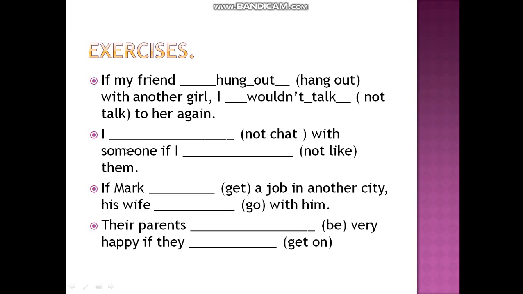So as you can see in the second sentence, the sentence doesn't start with if. The second part of the sentence is if. So we look for if; after it, past simple. Not like, how do we turn the verb to the negative form? Did. So I, and the first part is obviously would plus base verb.